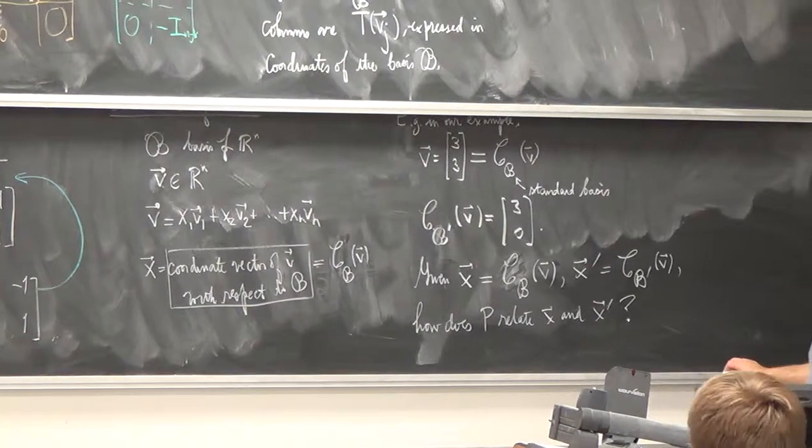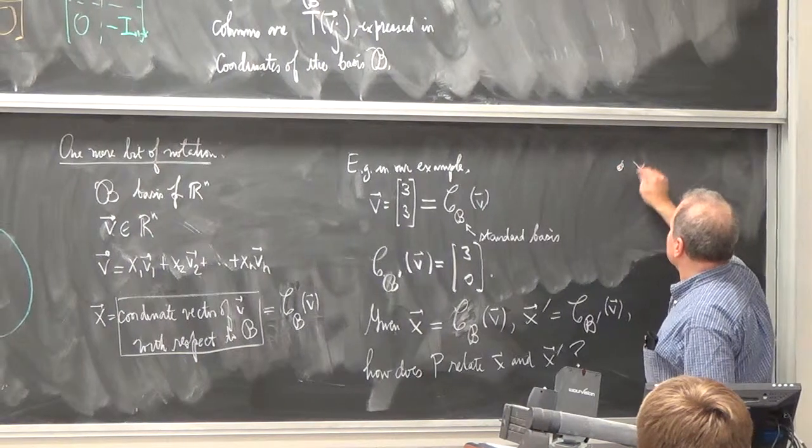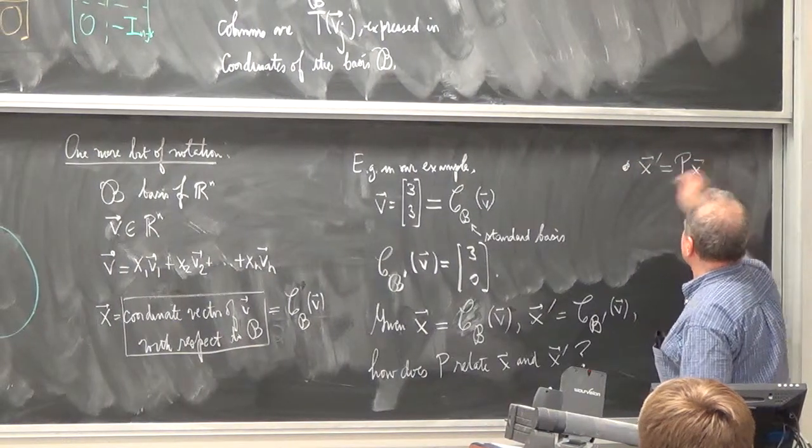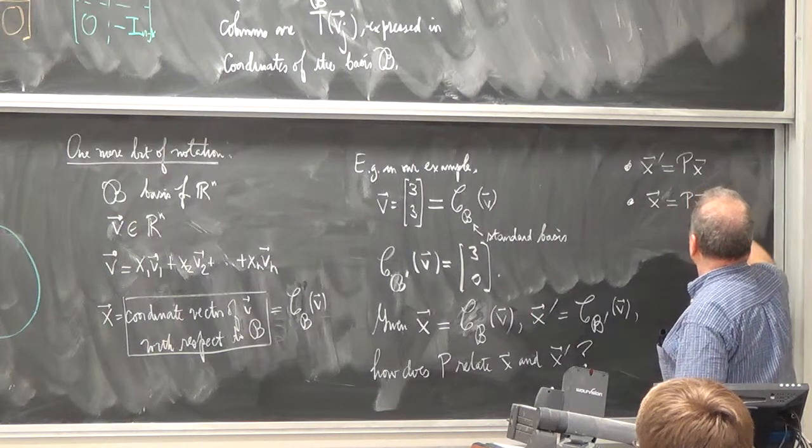I'll give you a hint, multiple choice. x prime is P times x, or x is P times x prime.